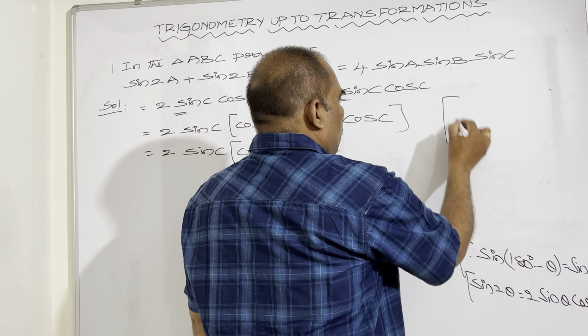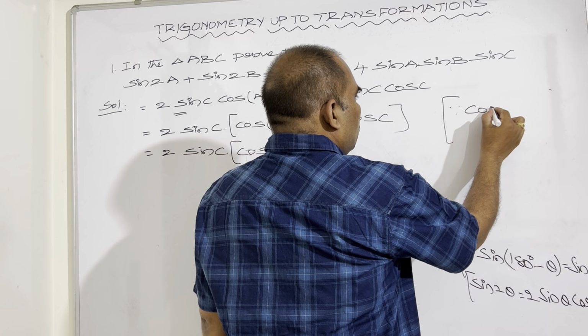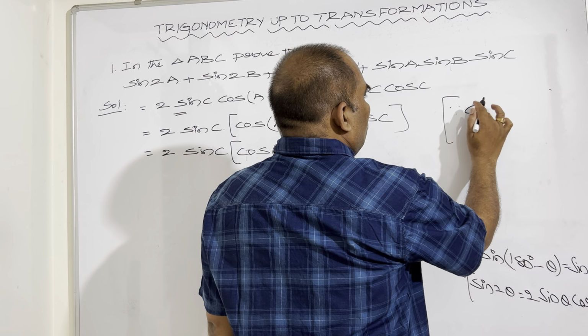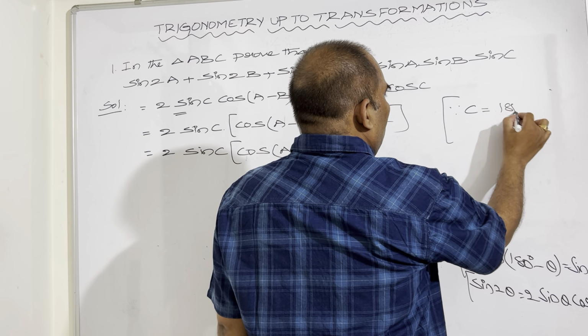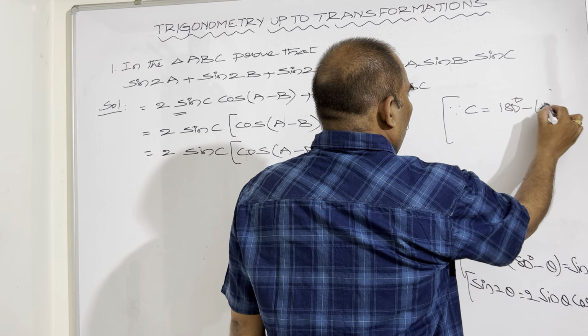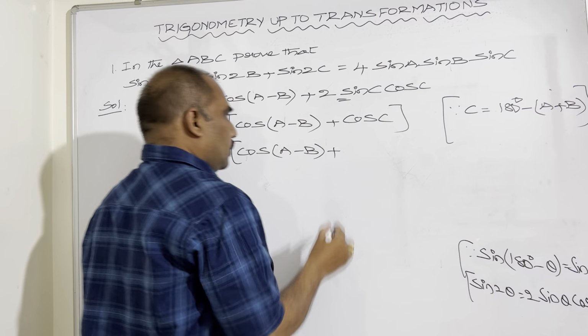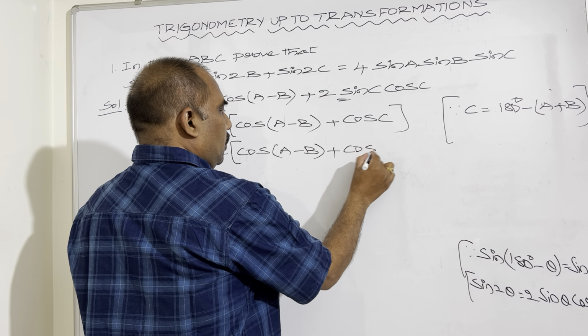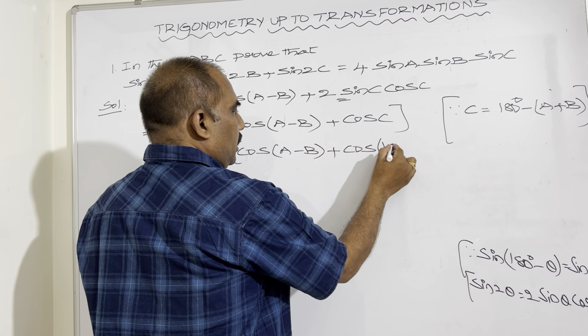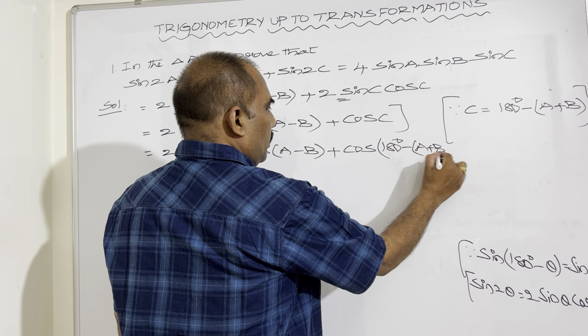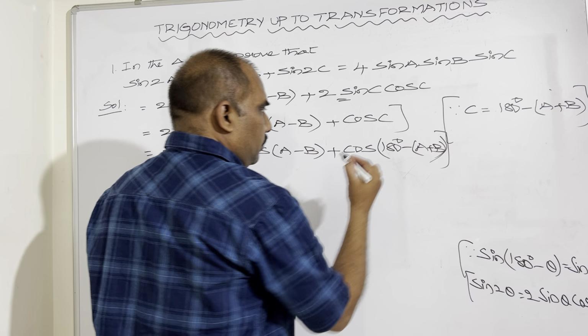Already we know that C = 180 - (A + B), so cos C is replaced by cos(180 - (A + B)).